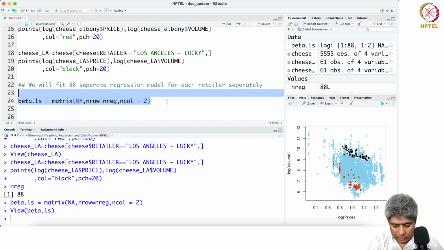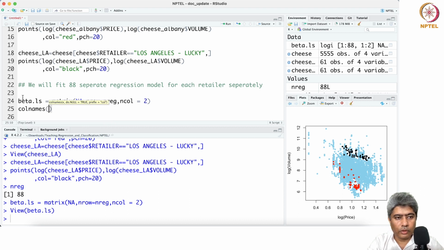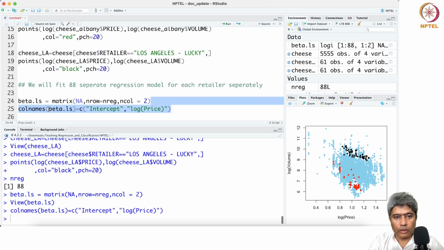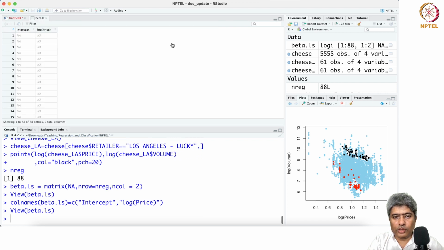The column names will be: first is intercept, and the second is log price. Correct?